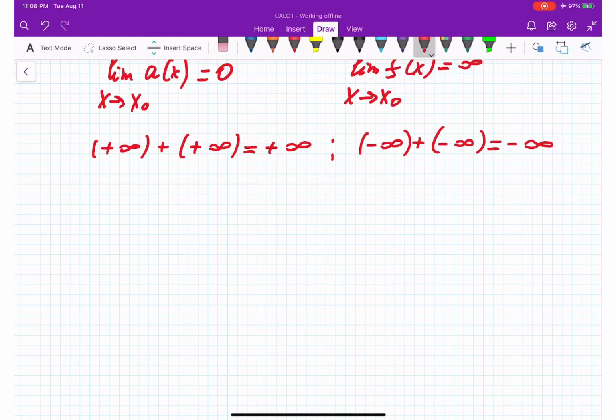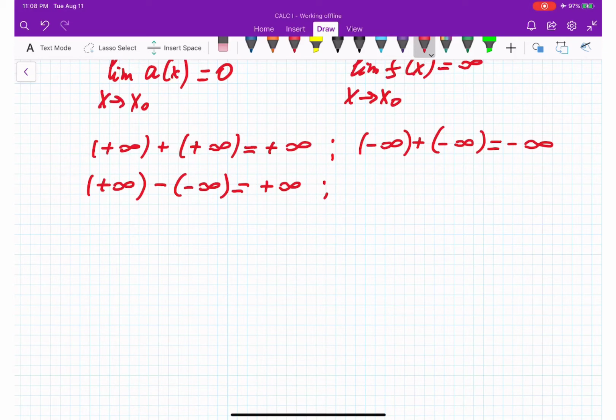Okay, next one. Positive infinity minus negative infinity. What's going to happen? Negative and negative, it's going to be positive. So you will end up with positive infinity and positive infinity. The result is going to be positive infinity.